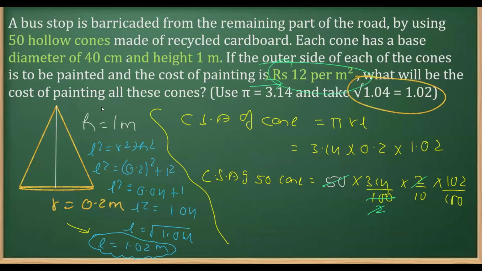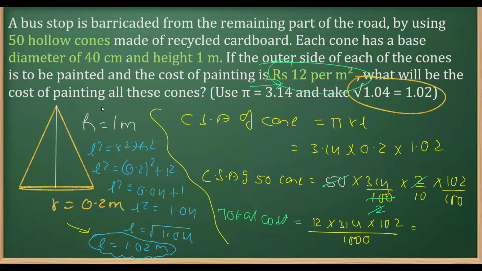Rate is this. So the total cost should come as this multiplied, which is rupees 12 multiplied by 314 into 102, and that divided by 1000. Well, this involves calculation.